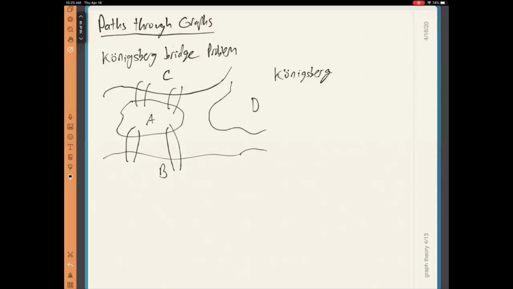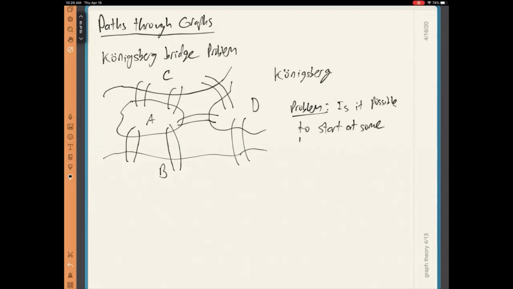Right, and so these are a rough sketch of the bridges. Right. And so the problem is the following. So if you start, is it possible to start at some location and travel across every single bridge without crossing the same bridge twice. Right?